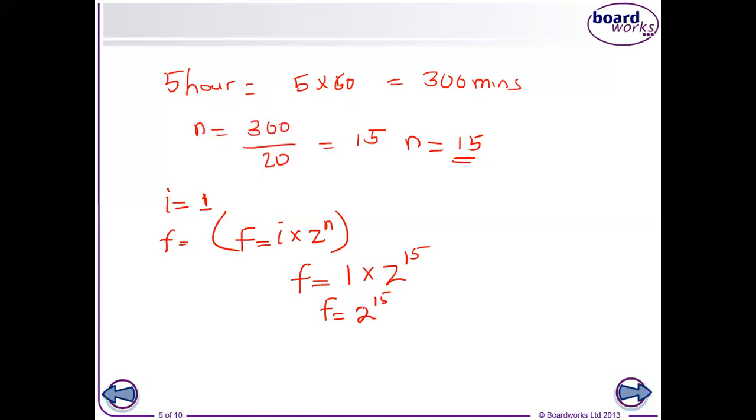But if you have a calculator, 2 raised to the power of 15 is equal to 32,768 bacteria.